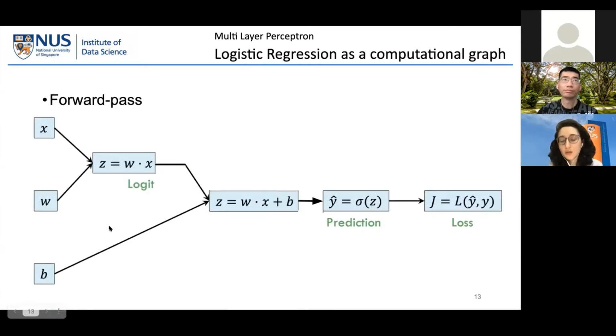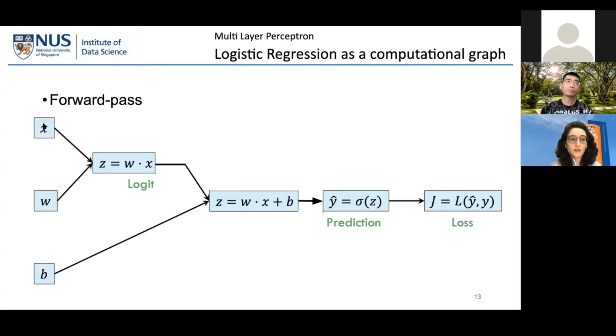In order to introduce the multi-layer perceptron, I would like to use what we saw yesterday about logistic regression. The idea here is to view logistic regression in a different way, as a building block for the multi-layer perceptron, okay? So let's look at what we saw yesterday and decompose the logistic regression model into a computational graph, okay?